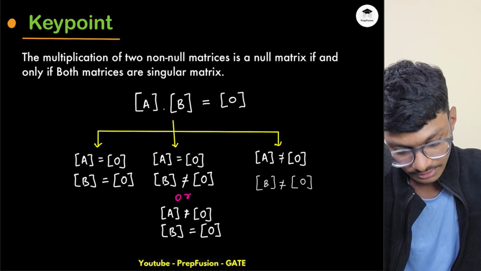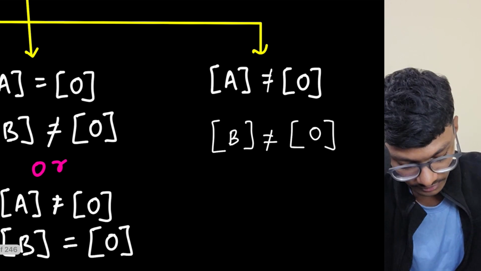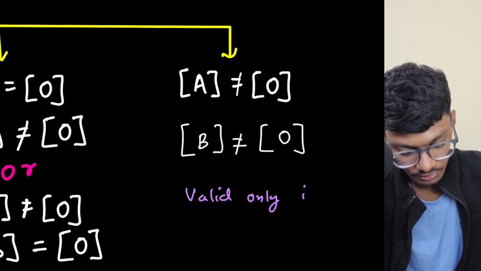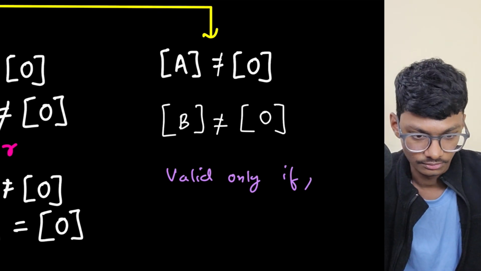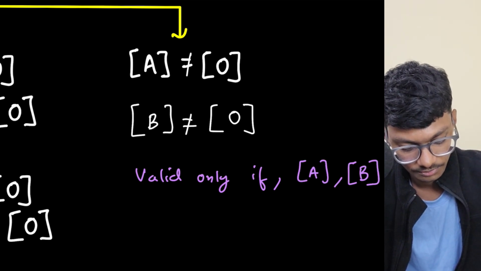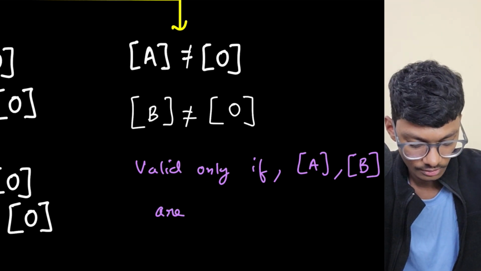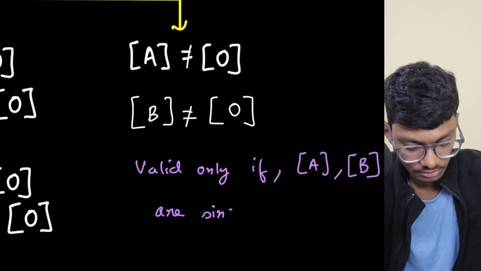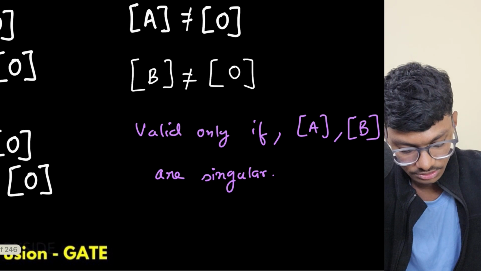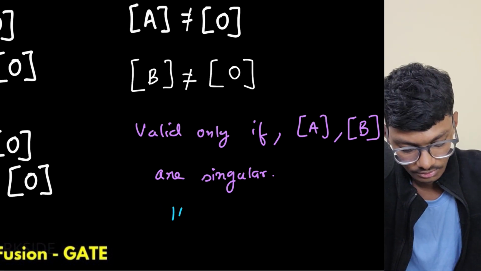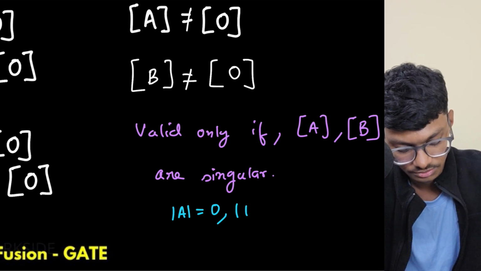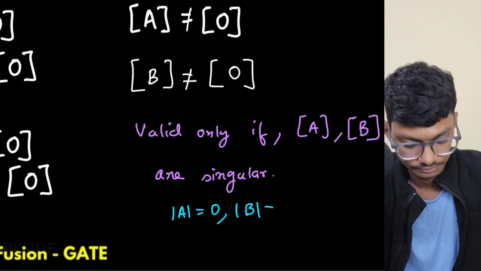So the third case is valid only if A and B are singular, hence determinant of A equals 0, determinant of B equals 0.